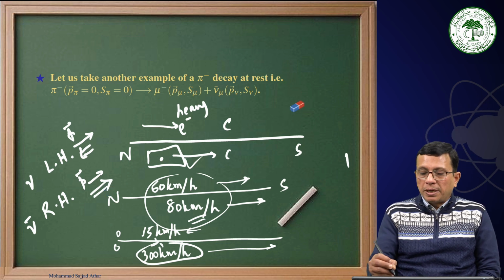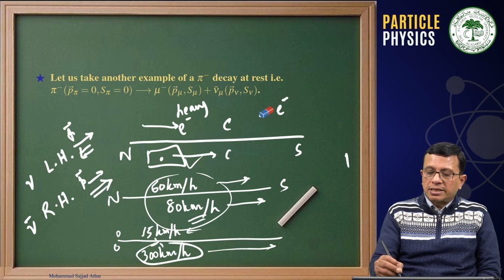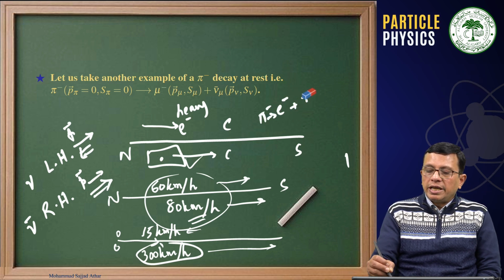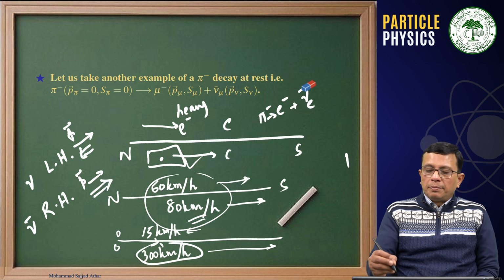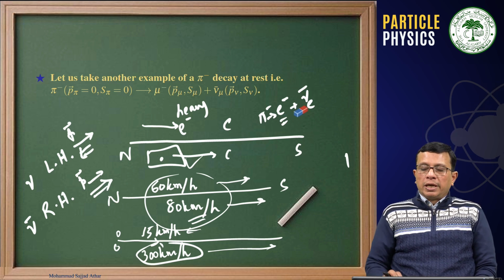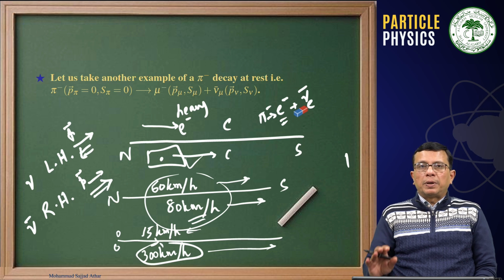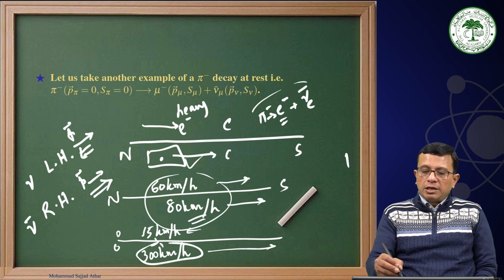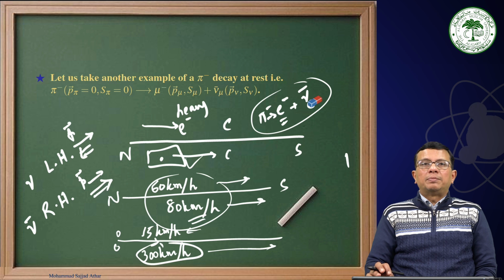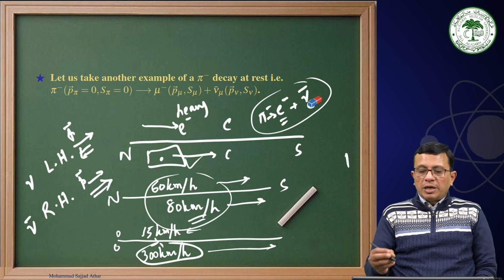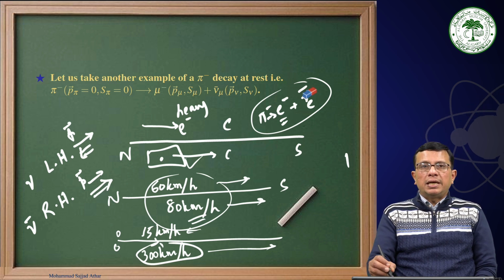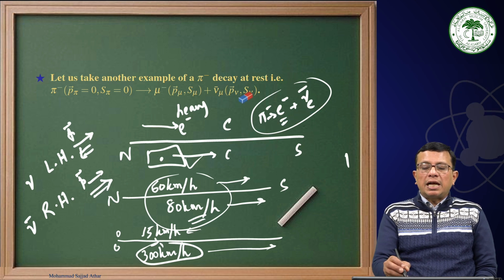Though phase space consideration tells us that it should decay into e minus plus nu e bar, because the electron mass is very small in comparison to the mass of the muon, still almost all the time a pi minus decays to mu minus plus nu mu bar instead of decaying into particles of lighter masses. The important point is that the decay into electrons is very rare, while this one has been observed.